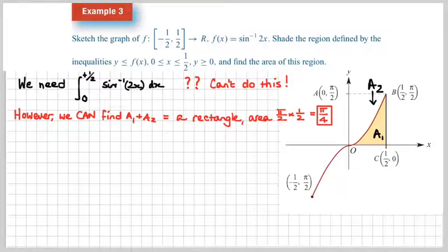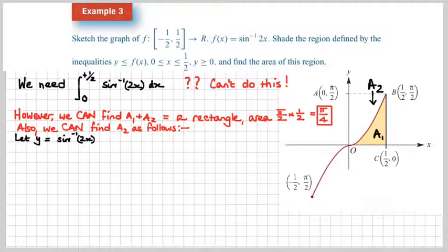We can't do that. Now, but we do some very interesting mathematical tricks here to work out the integral in here, which will be a positive integral. Now, watch this. We can work out A2 as follows, right? So let y, we know that we're trying to do this. So we let y equal this thing, right?